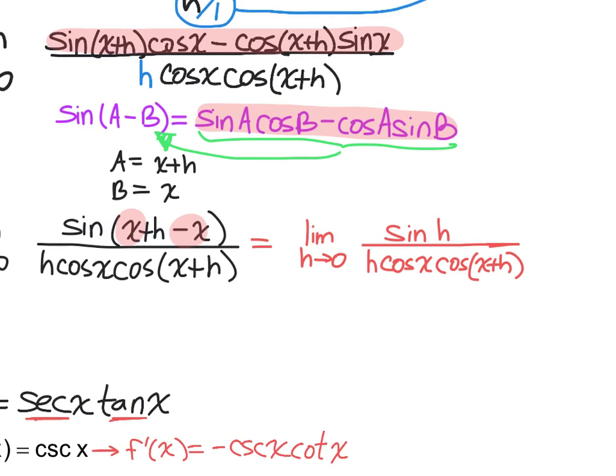All right, so what we have now, embedded in this beautiful mess here, is a sine h over h. The limit as h approaches 0 of sine h over h is equivalent to what? 1. So now I have 1 over cosine x plus h.